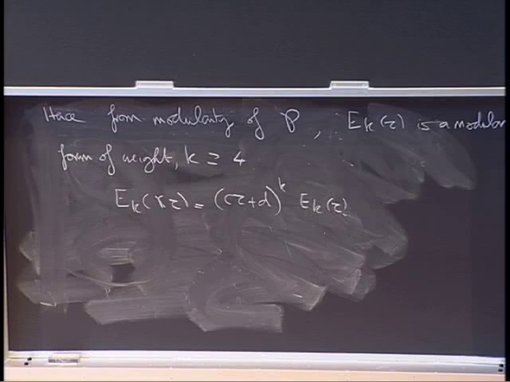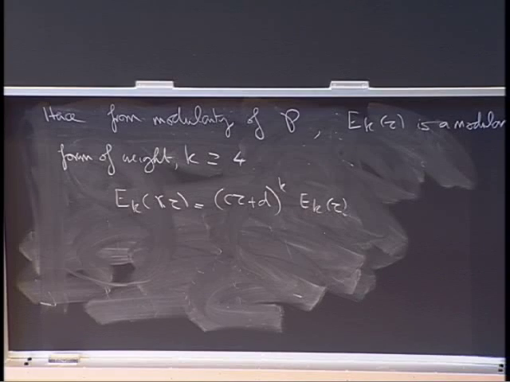By the way, there are various conventions. Sometimes this is called g_k. Sometimes the factor of 2 pi i to the k is missing. Sometimes you'll write 2k here instead of k. Obviously they're all the same up to various constants, but this is the convention we're choosing, because the Weierstrass function is so naturally expressed in this simple way and the object is a modular form.